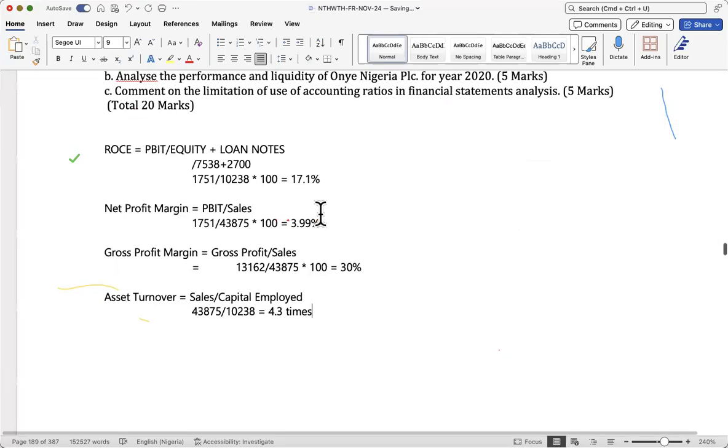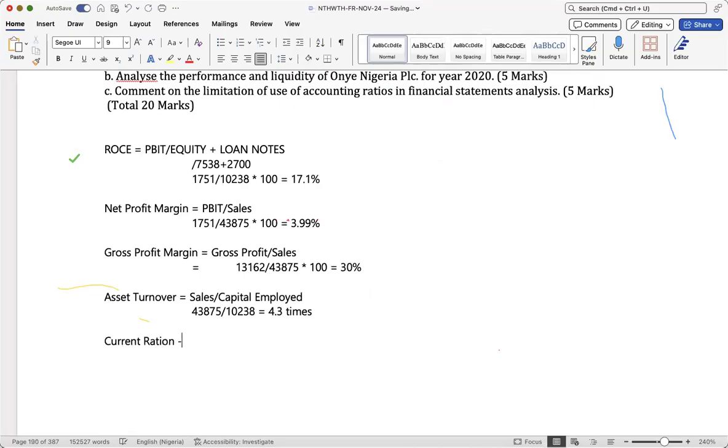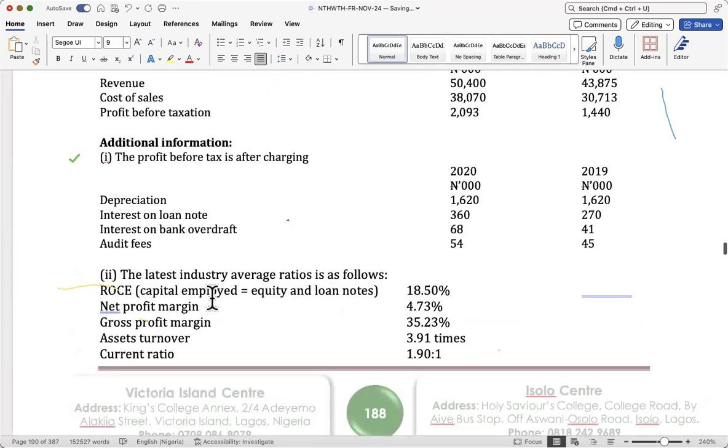Then we have the current ratio, which is current assets over current liabilities. In this case, what will be our current assets?